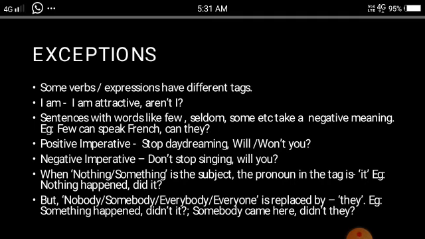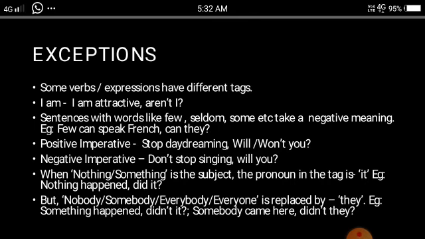Next, you have exceptions to the rules. For example, when you are using the form I am, the interrogative form of I am is aren't I. For example, I am attractive.